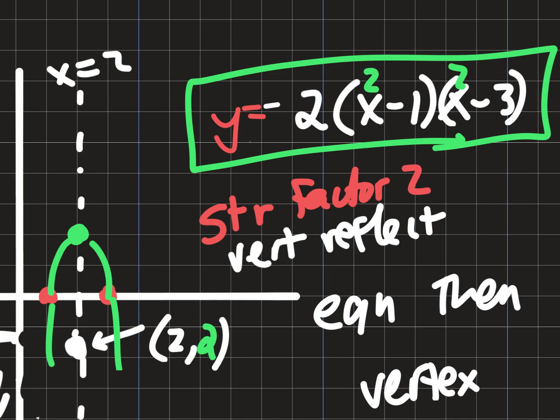Six out of 6. That's what most kids got last hour. You can do this.